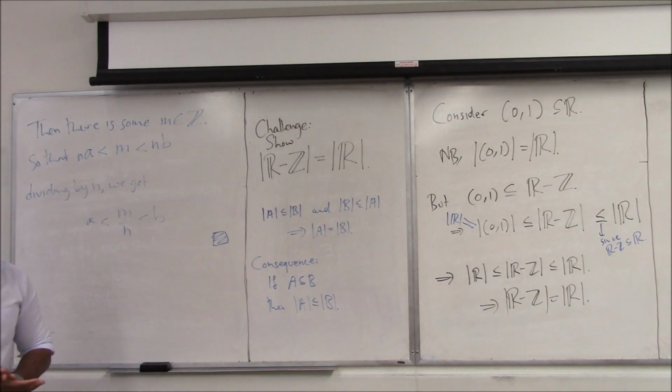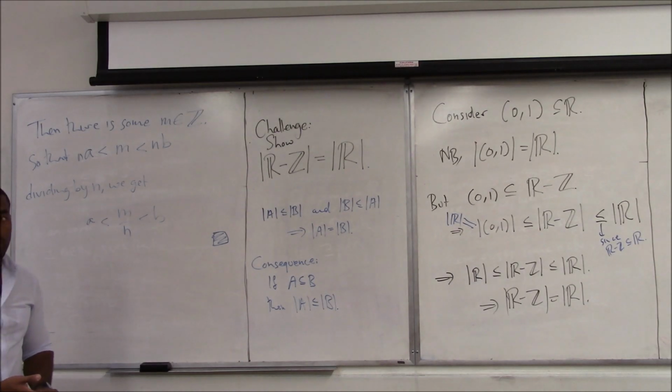Well, I wanted to ask before if we were allowed to say something along the lines of, we know the cardinality of Z is alpha naught. Can you make the argument that R minus Z would be greater than alpha naught, so therefore must be equal to or greater than the cardinality of R, or the continuum? What statement do you want to prove?